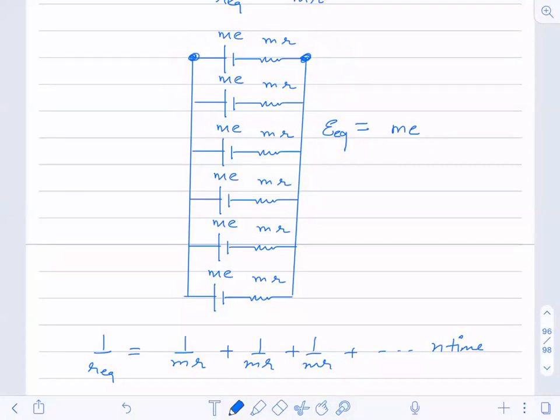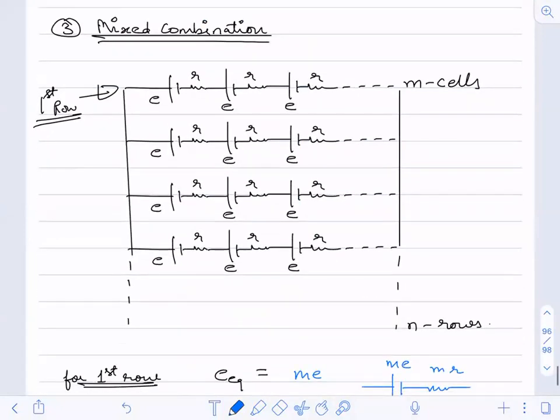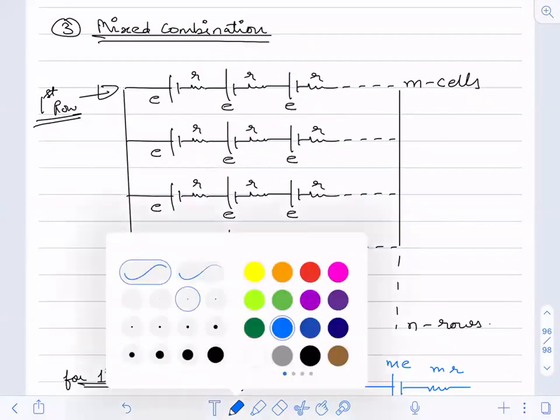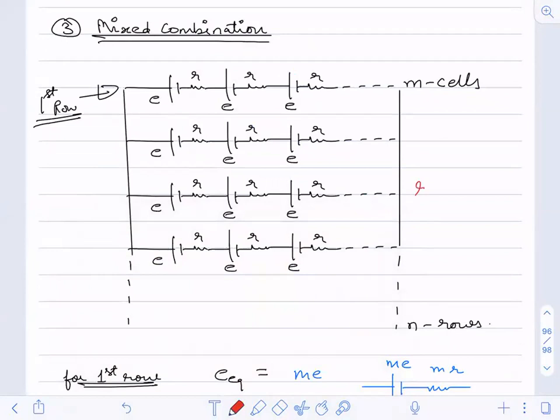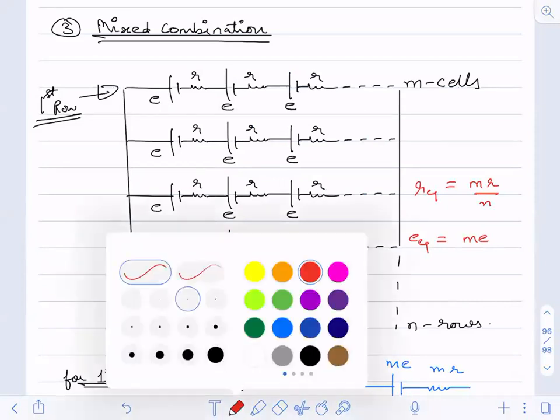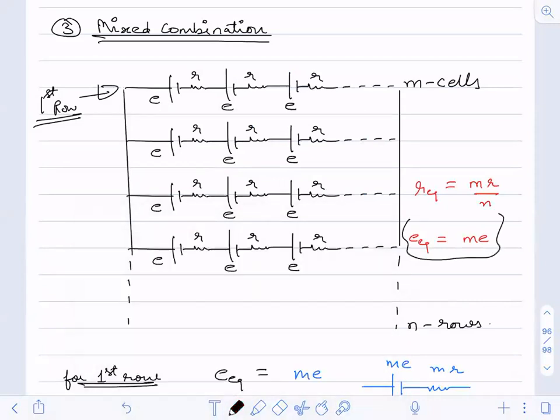Okay, so for this kind of circuit, R equivalent will be given as MR by N. Equivalent EMF will be given as M into E. If you observe this result, you will get it.